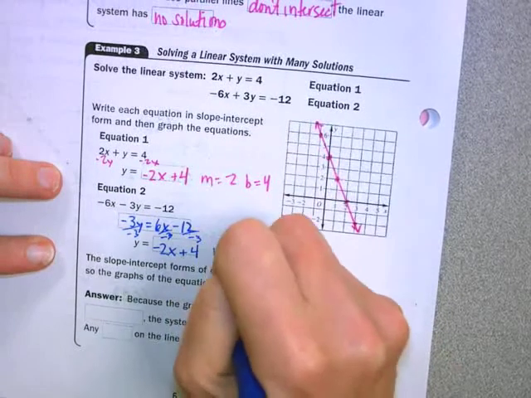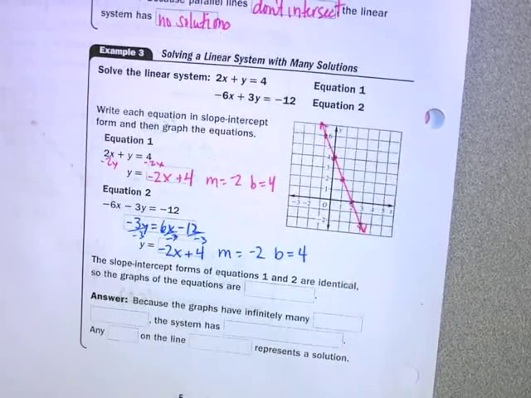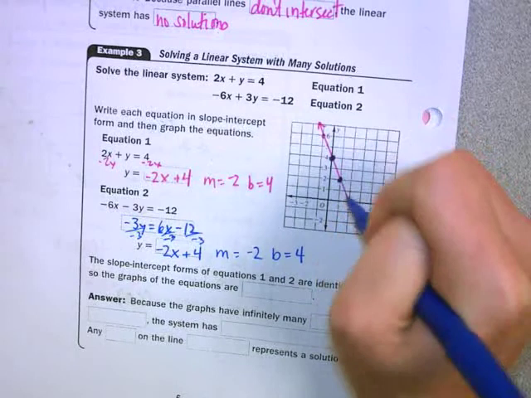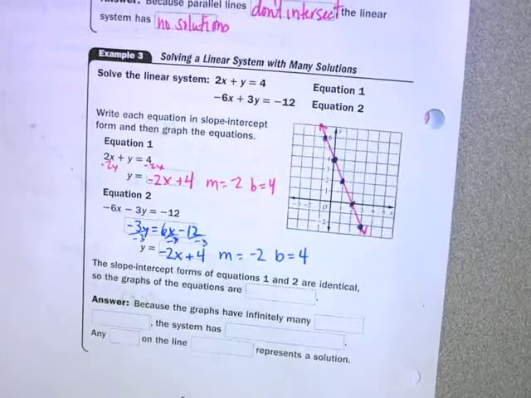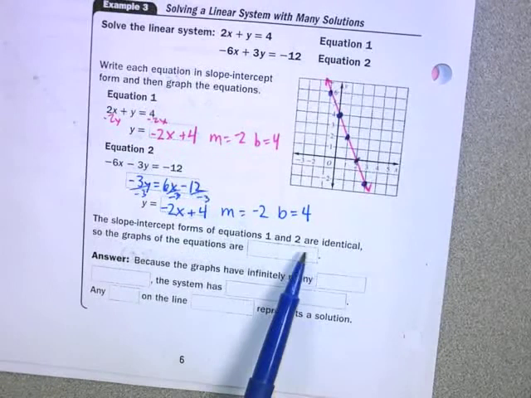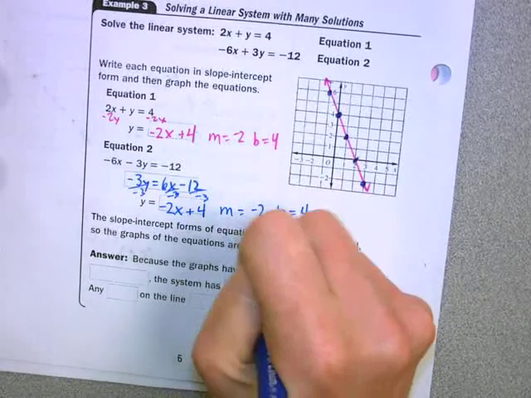So my slope is -2, and my y-intercept is 4. Well, that sounds familiar, doesn't it? My y-intercept is 4, down 2/1. What is this? This was the same equation in disguise. It is the exact same equation. So the slope-intercept forms of these two equations are identical, so the graphs of the equations are the same line.